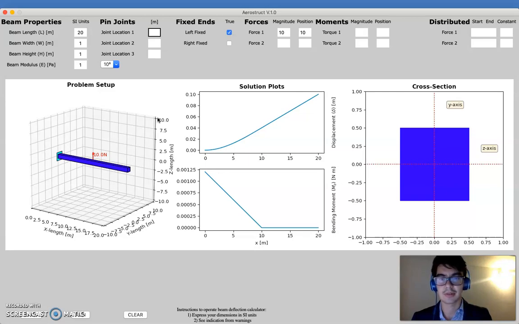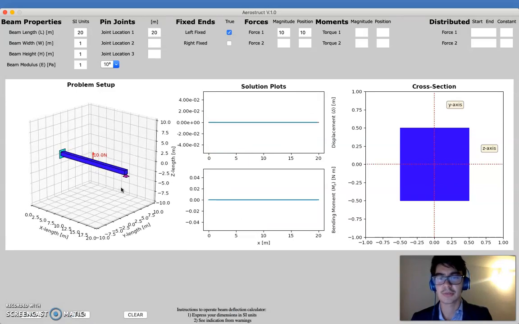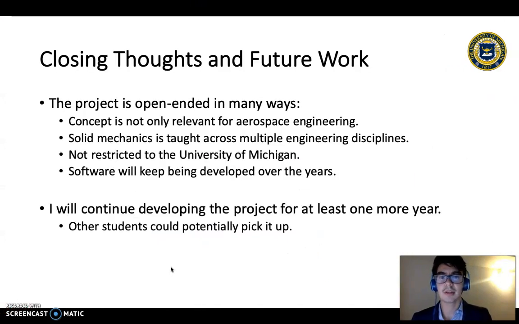And this includes all sorts of things. You can add pin joints as well at the end, if you'd like, as you can see here. So this would be a great tool for students to use and have a better understanding of the problems that they are solving. So this project is very open-ended in many ways because, first of all, the concepts are not only relevant for aerospace engineering.